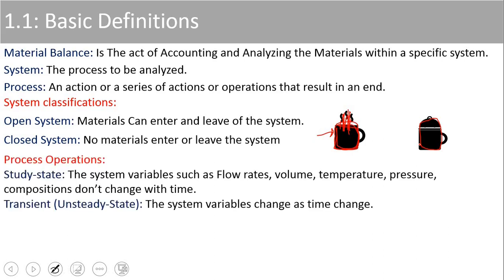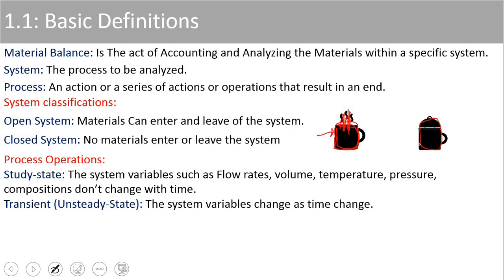So another basic definition we want to classify is the process operations. We have 2 types of process operation. It is either steady state or transient.